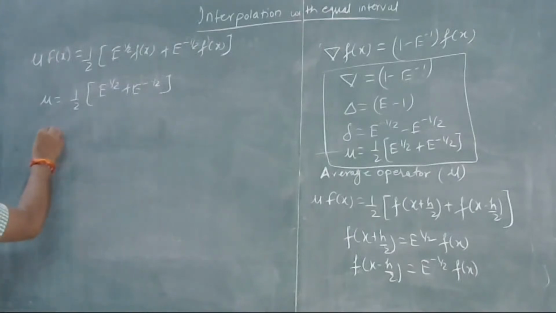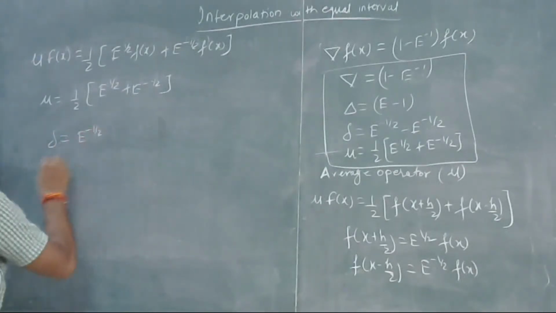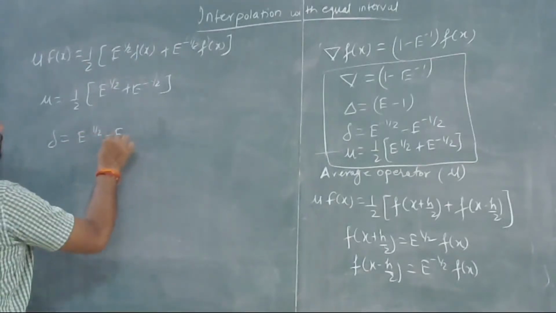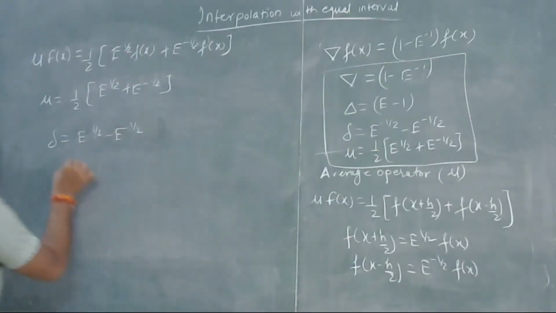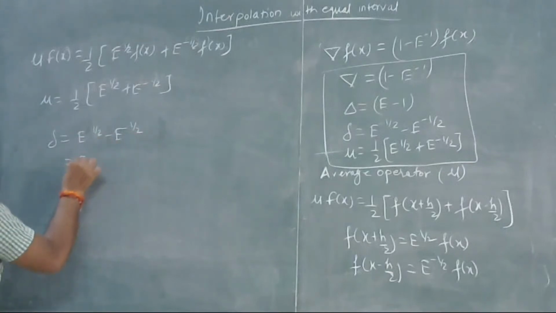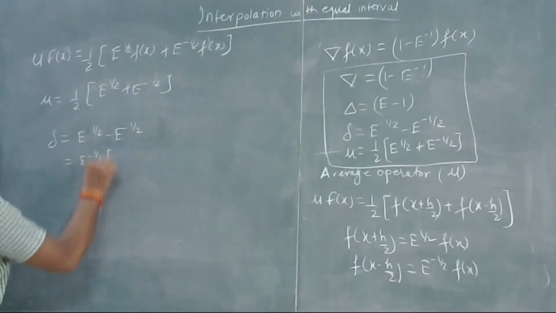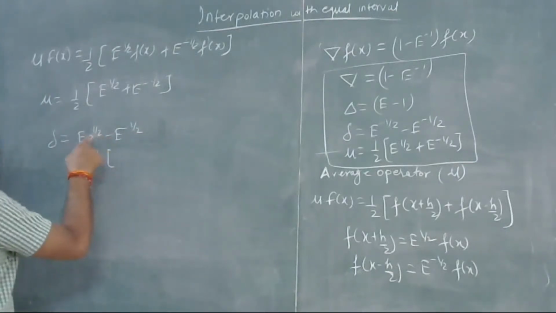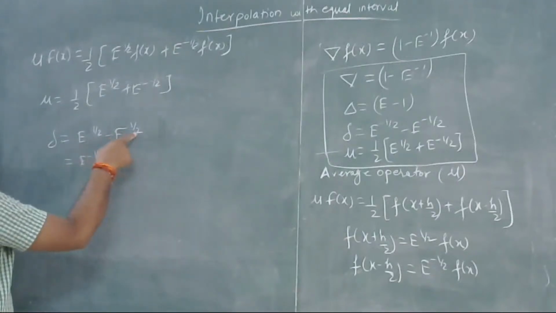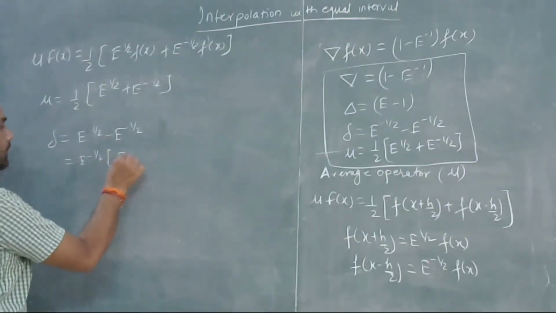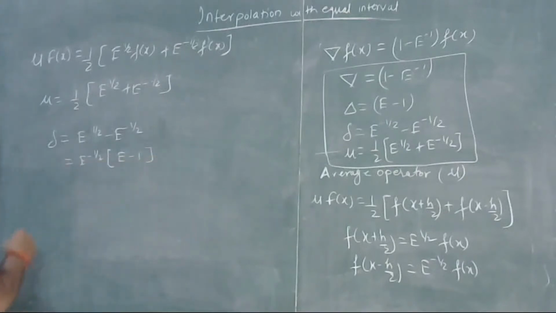Now we know that δ is equal to E^(1/2) minus E^(-1/2). If we take E^(-1/2) common, this will become E^(-1/2) (E - 1). So this is δ. And what is E minus 1?